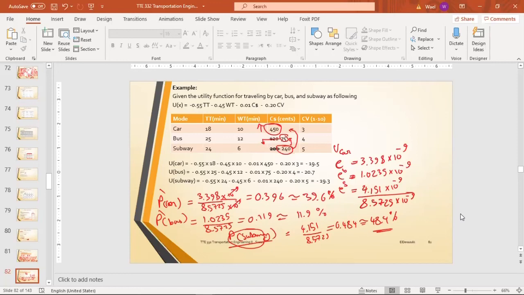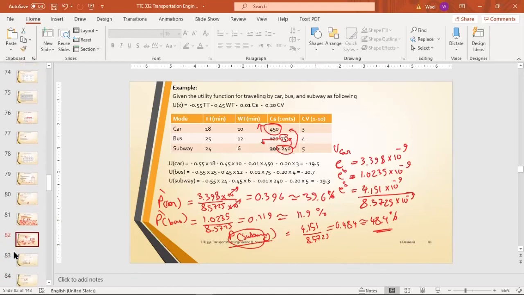Especially if you have a connected flight, if there's a connection between two links and the waiting time is long, they try to reduce the cost in order to attract more travelers and so on. And we will elaborate on that next week, inshallah, with different examples. Any questions so far?